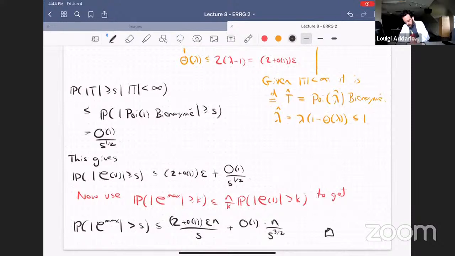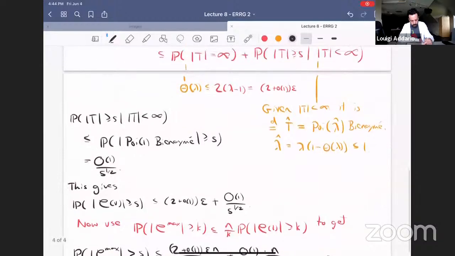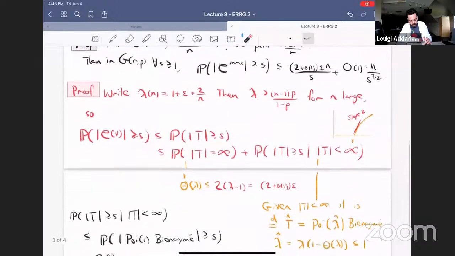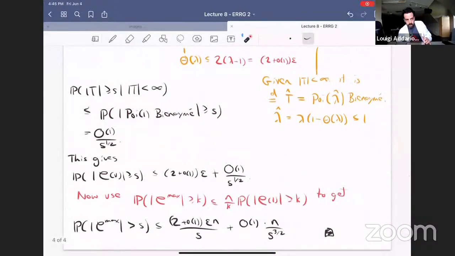Okay, so that's the bound that we claimed, right? So we have this epsilon n over s is the key point here, and n over s to the 3/2 is the key point here. Okay.